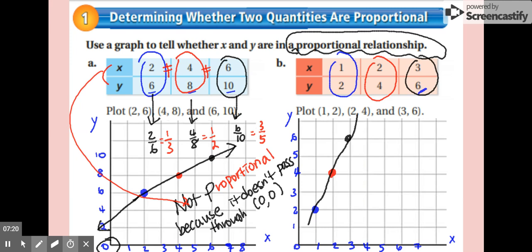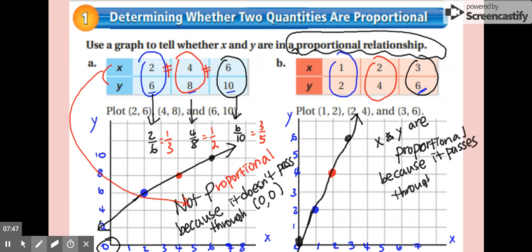If you have a ruler or paper, any straight edge, then you will see this line passes through the origin, right? So you just say, oh, it's proportional. X and Y are proportional because the line passes through the origin, right? So now it does pass through the origin, so it is proportional.